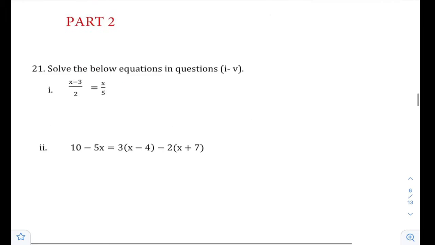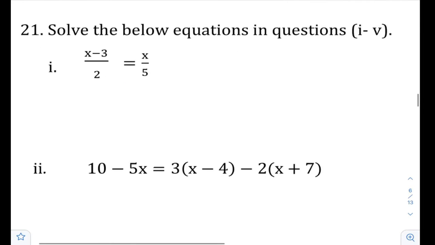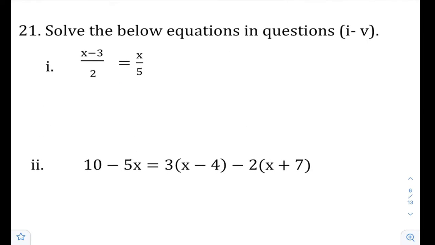Let's solve this proportion. This is proportion, تناسب. The best and the nicest way, أسهل طريقة, is the cross multiply. And you will have to include any expression in a bracket.